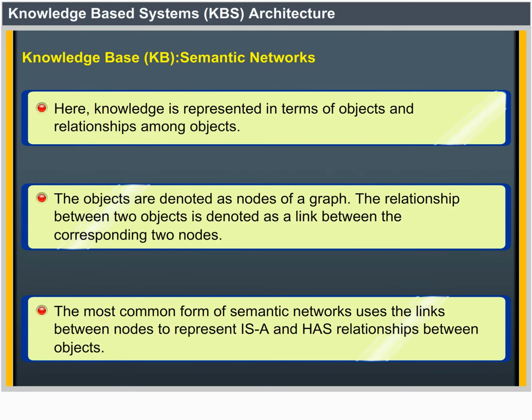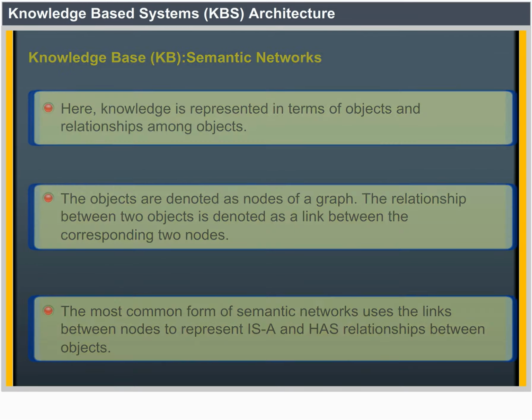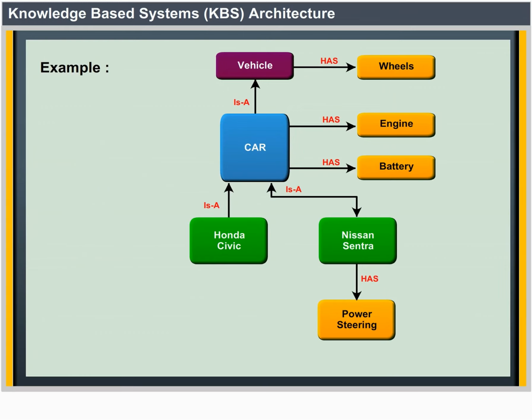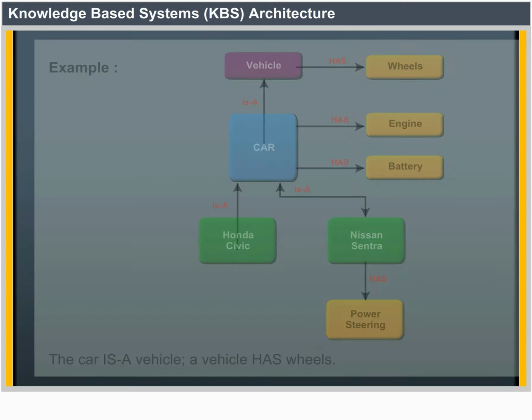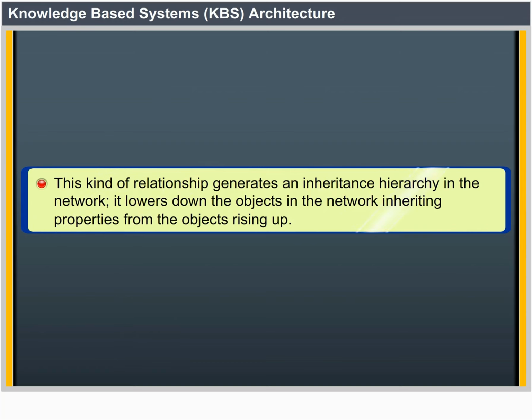The example shows a car is a vehicle and has wheels. This kind of relationship generates an inheritance hierarchy in the network. Objects lower down in the network inherit properties from the objects higher up.